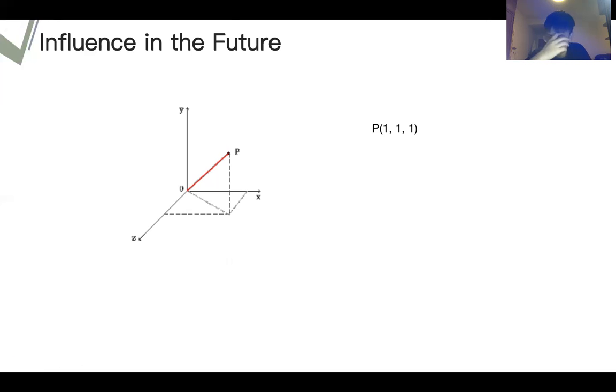The same thing happens even in a three-dimension coordinate system. First we make an orthogonal line from P to the XZ plane. Then we get a line which is OR.